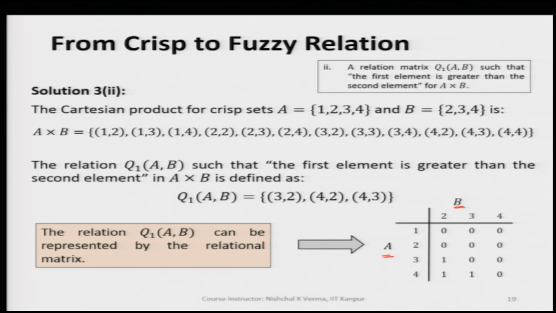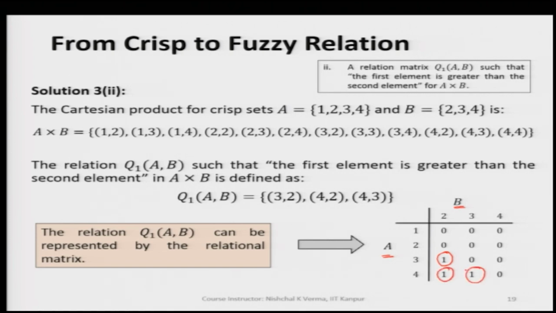We see Q1 A comma B has 3 2, 4 2, 4 3. If we write 1 2 3 4 as a column and 2 3 in the row, we can write 1 here because 3 2 exists as a pair in Q1 A comma B, and then we have 4 2 and then 4 3.